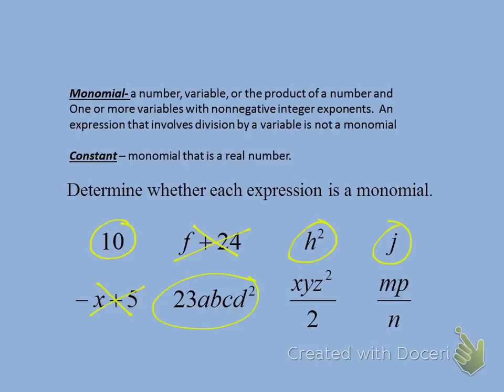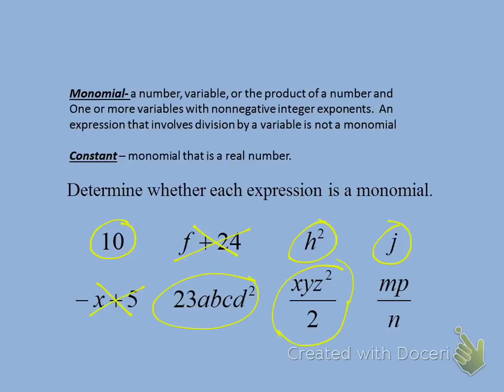An expression that involves division by a variable is not a monomial. What's 2? 2 is a constant. So you can't divide by a variable. It doesn't say anything about not dividing by a constant. So that's a monomial.